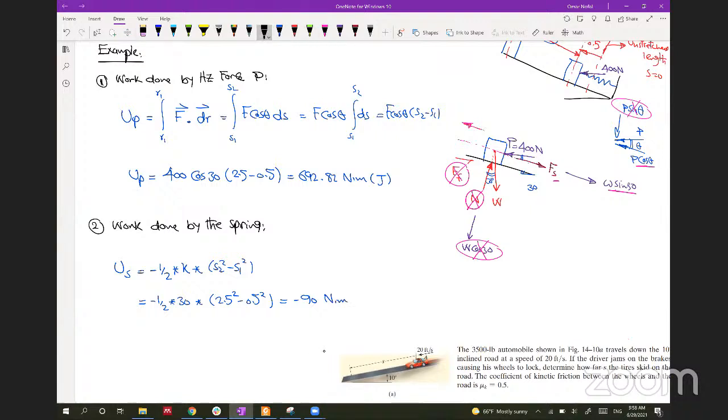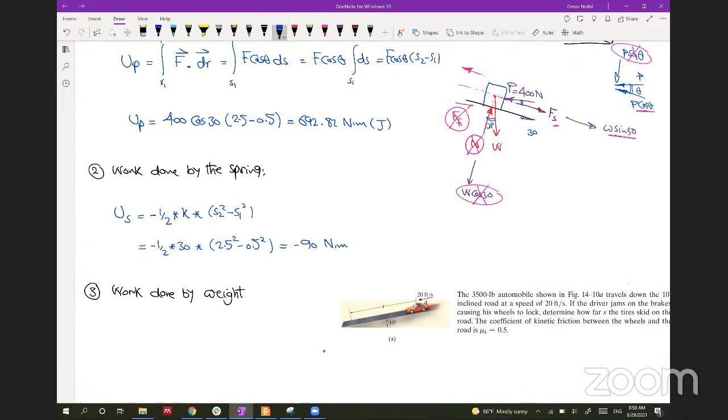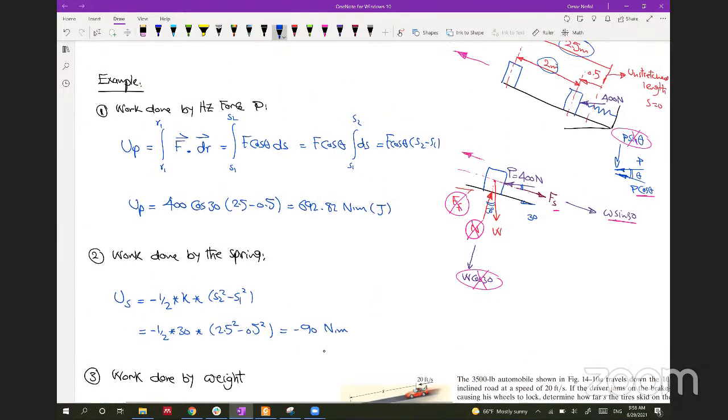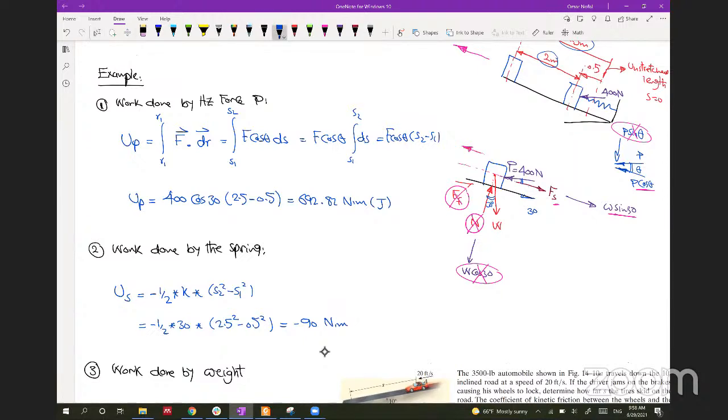And the third force is the work done by the weight. Let's see which one is exerting a force. We said that W cosine 30 is not doing work, so the only one is W sine 30, and it's negative.